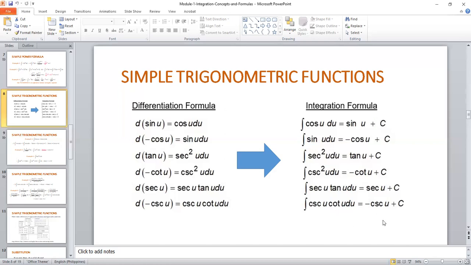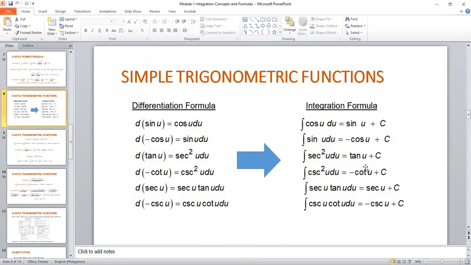So your answers, when differentiated, will go back to the integrand, the function that appears in your integrand. So that's the reason why we call integration anti-differentiation. Okay, you have the differentiation formulas here, and you have its equivalent integral on the other side.